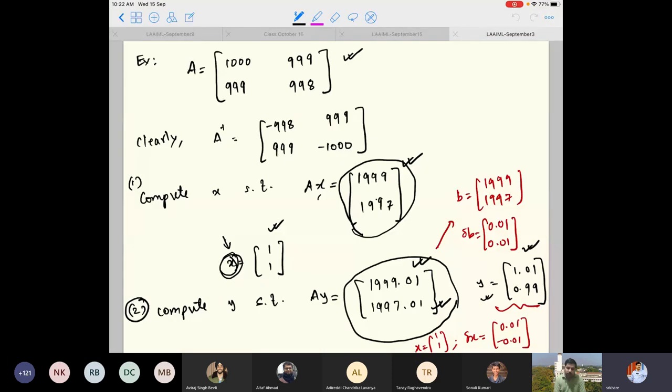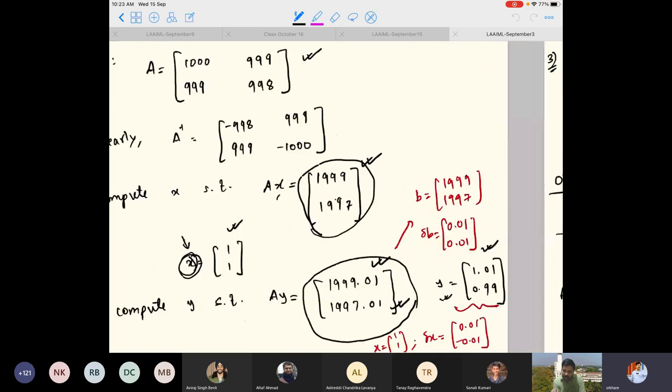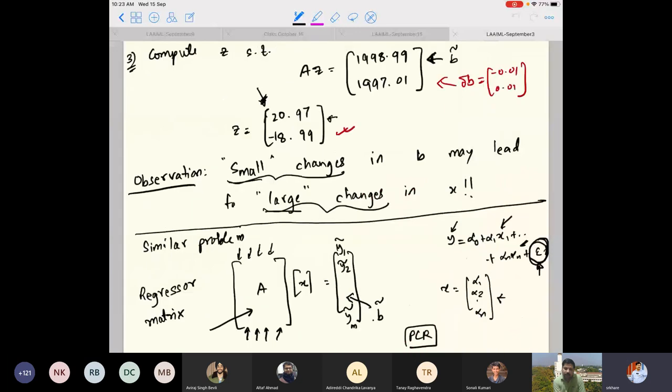So you see in this particular example, we had three cases. Delta b was perturbed very slightly. It went to 0.01, 0.01, right? That was the perturbation in delta b. Then what was x? In one case, x + delta x was very small, and in the other case, x + delta x was really very large, right?